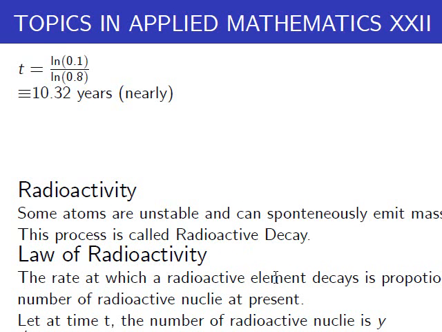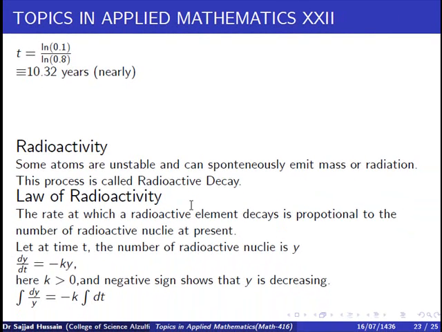Law of radioactivity. The law of radioactivity states that the rate at which a radioactive element decays is proportional to the number of radioactive nuclei at present.